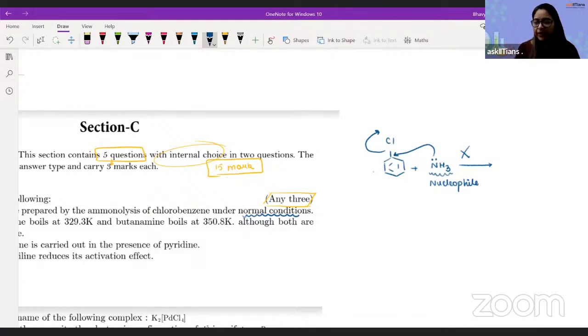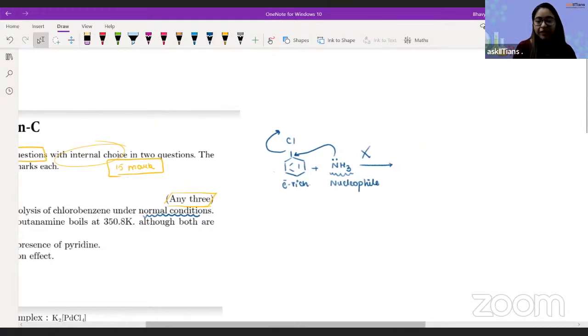The first reason is that ammonia is a nucleophile and benzene is already electron rich. Therefore, it doesn't support nucleophilic substitution reactions that easily under normal conditions. Right? So there are two major answers for it.